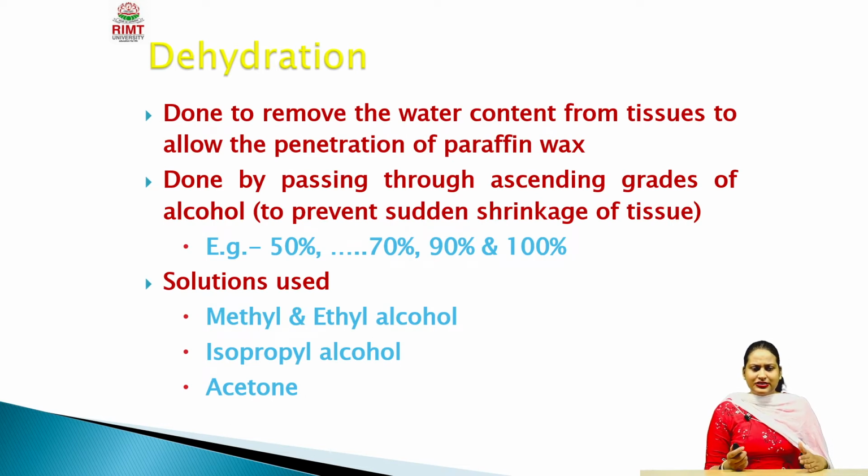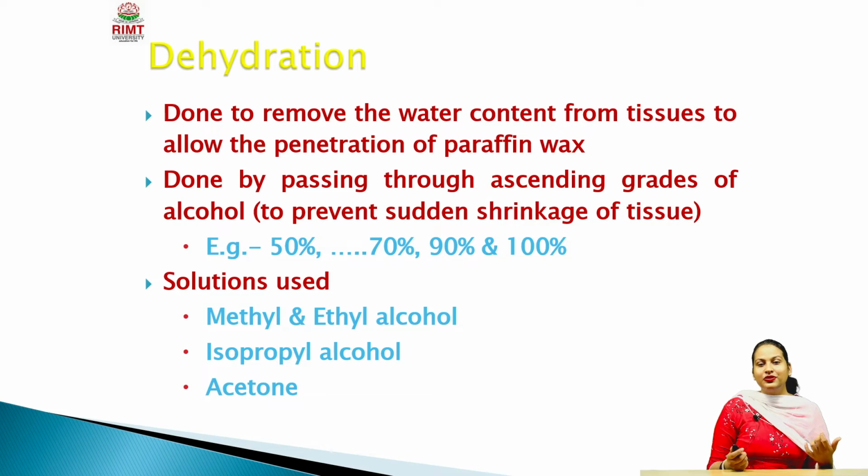Dehydration is the next step. Why is it done? It is done to remove the water content from the tissue to allow penetration of the paraffin wax, because we already studied that paraffin wax is immiscible with water.